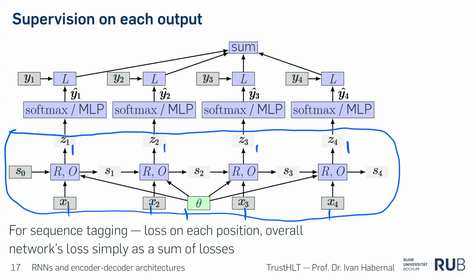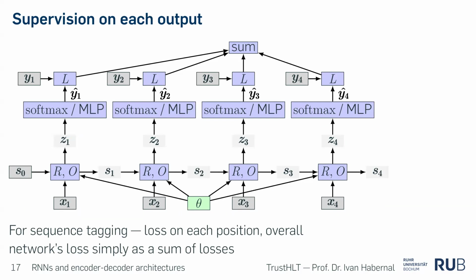As we discussed already, we might put this vector through some softmax or multi-layer perceptron, maybe softmax is the easiest one. So we just softmax this vector, and at each position we also have a gold label, but these are now indexed with a position. So for each word x1, we have y1, x2, we have y2, and so on.